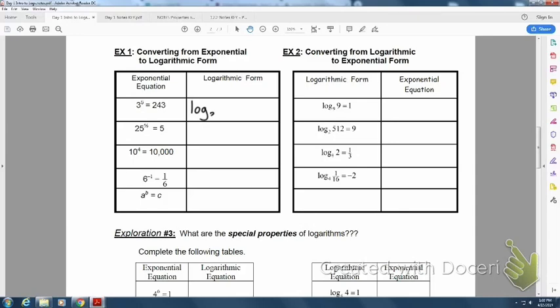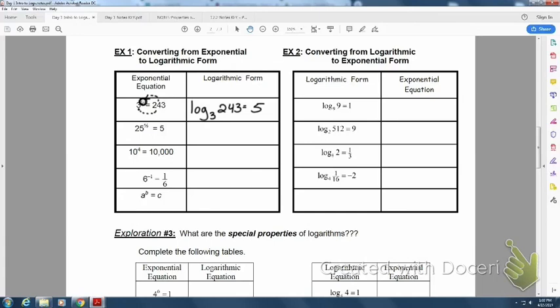So I'm going to have log base 3 of what? Not 5, 243, equals 5. Log is always going to be set equal to the exponent. That's what logs are for, is to solve for an exponent.